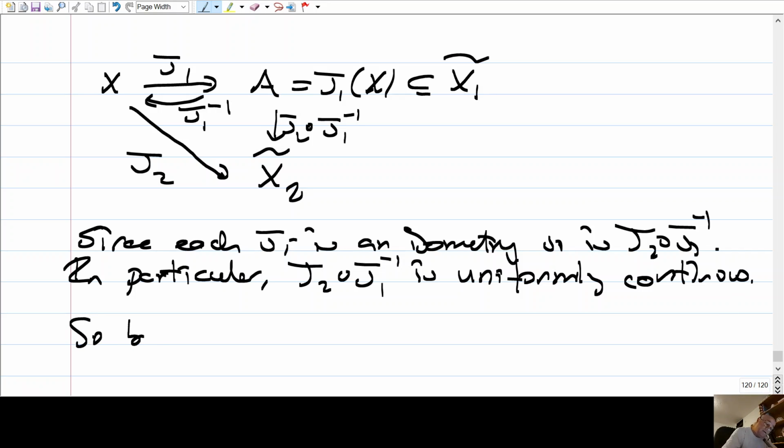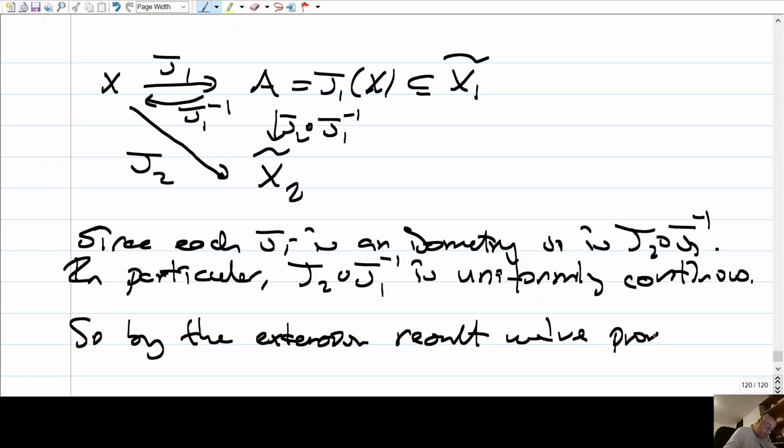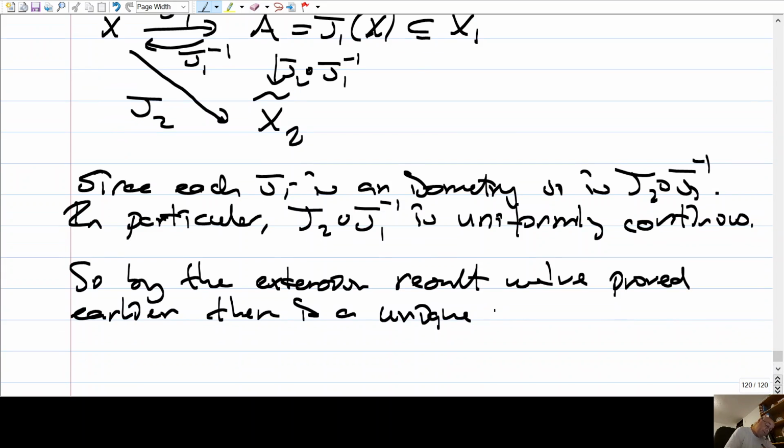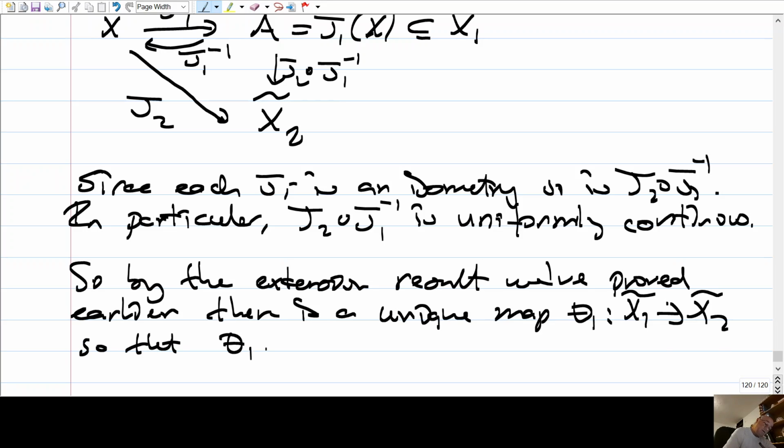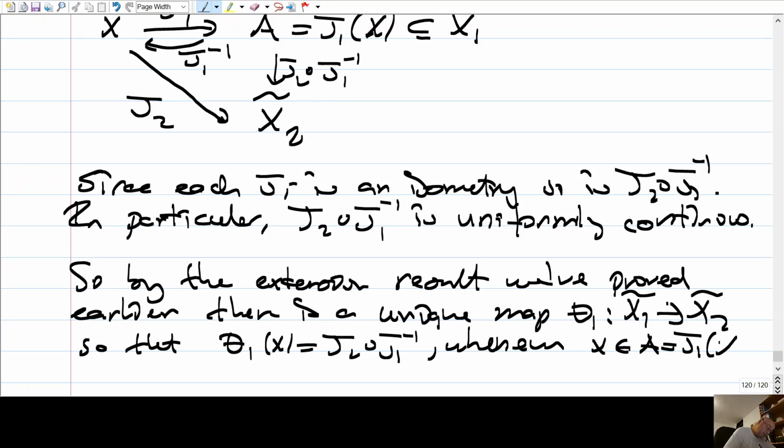So by the extension result we have proved earlier, there is a unique map theta 1 from x1 tilde to x2 tilde, so that theta 1 at x is equal to j2 j1 inverse whenever x is in A, which is j1 x.